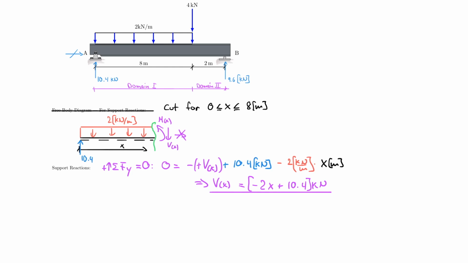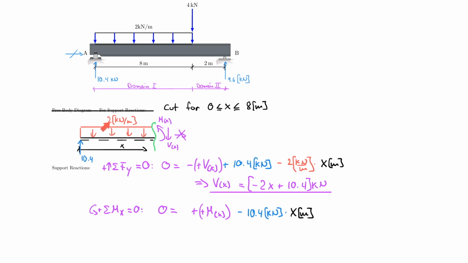Let's now go ahead and calculate the moment. I do that in a very similar fashion. The sum of the moments about point x is equal to 0, counterclockwise positive, and 0 is equal to positive defined moment M of x, minus 10.4 kilonewton multiplied by x meters.